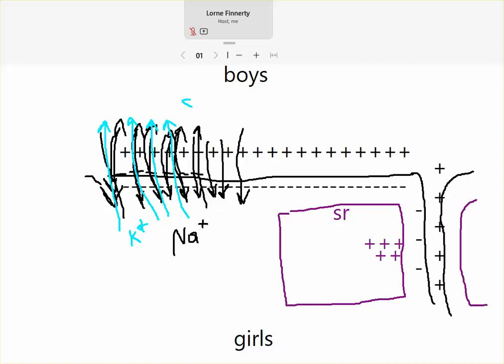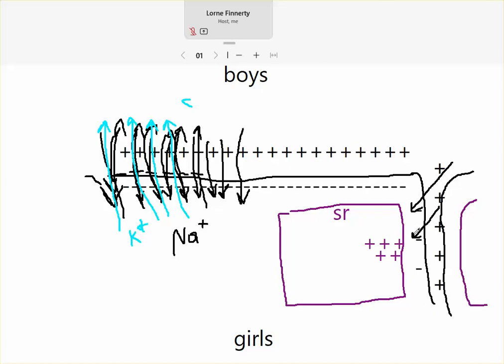So when this wave of depolarization, which is called the action potential, reaches here, it goes down the T tubule, and now sodium comes in and depolarizes this space.